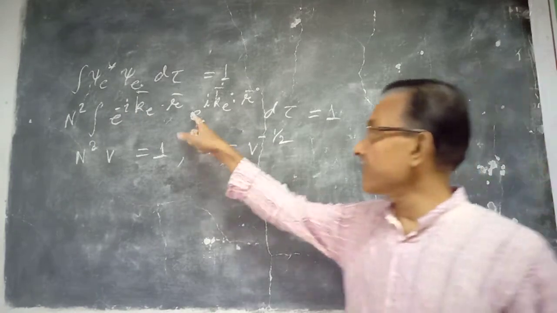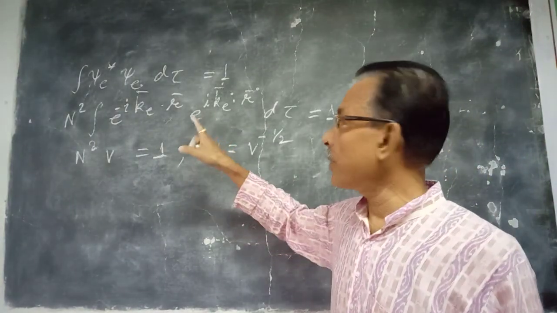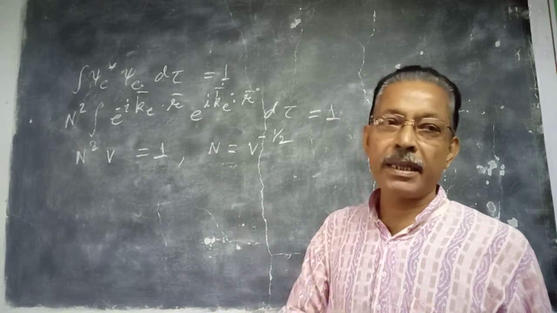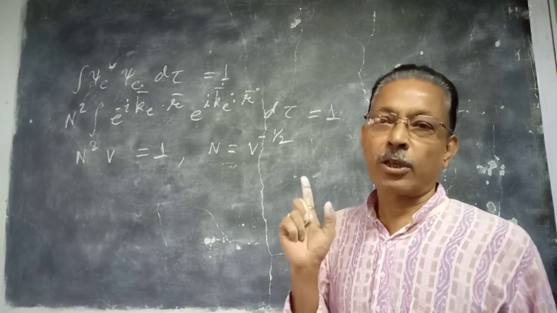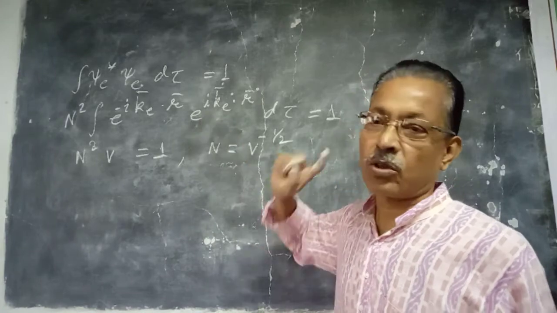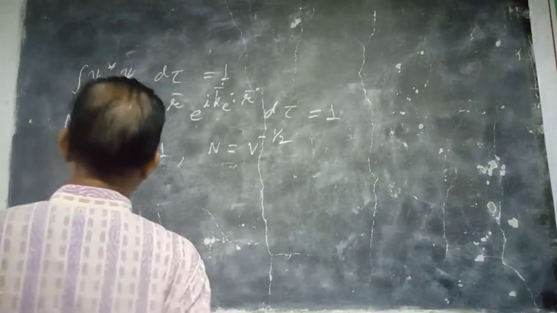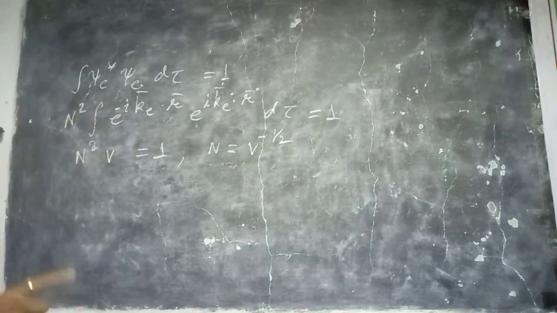But the electron is a charged particle, so its wave function will be affected by the nuclear charge and the presence of the atomic electrons. So there will be a Coulomb distortion. For the electron wave function we have to add a Coulomb factor in the expression.